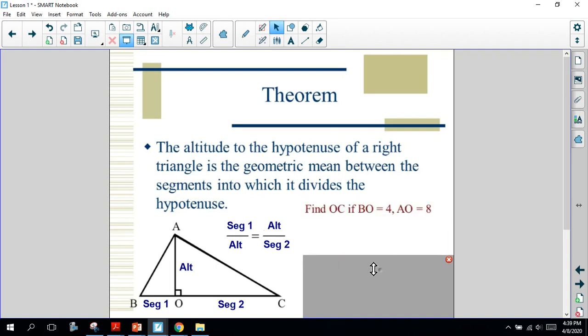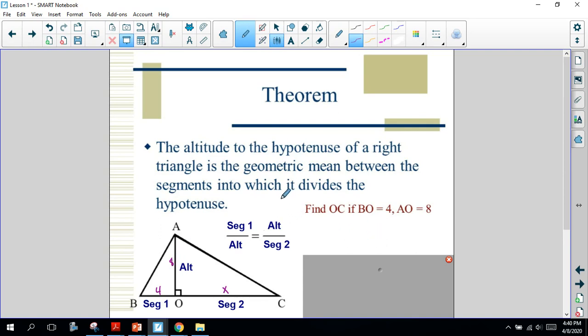Let's take a look here at our first example of this particular type of problem. It says find OC, so OC is going to be my unknown x, and it's given me that BO is equal to 4, and also that AO is equal to 8.